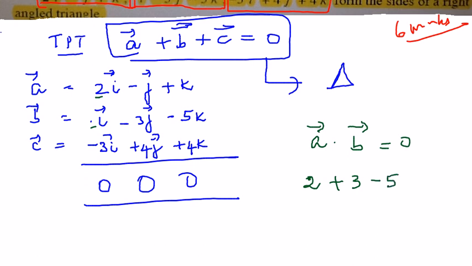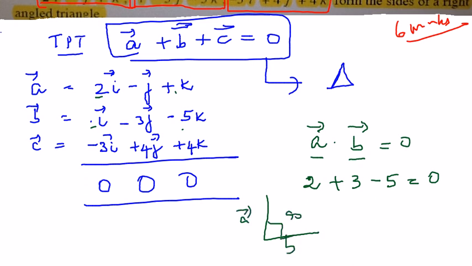So this is 0. So if the scalar product of 2 vectors is 0, then we know that the angle between those 2 vectors is 90 degrees.